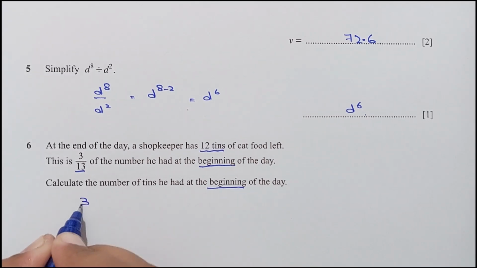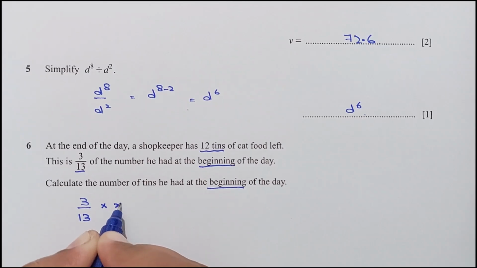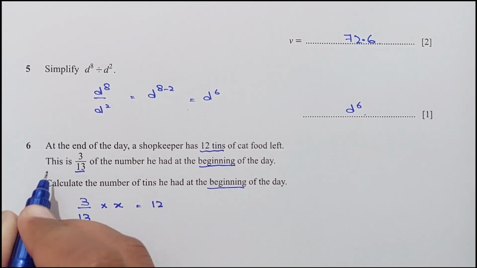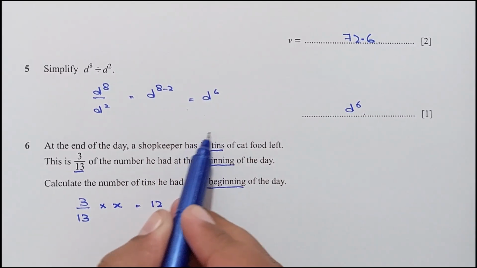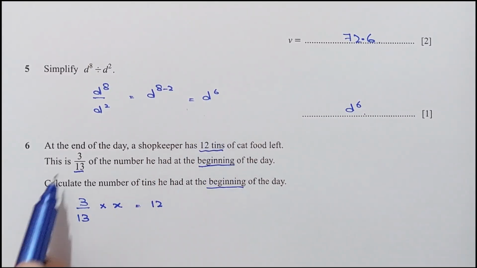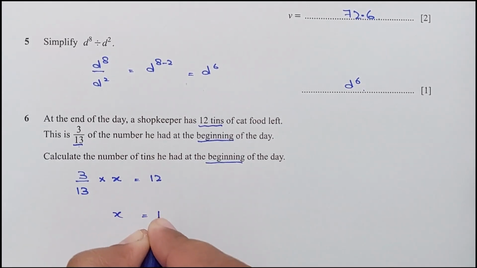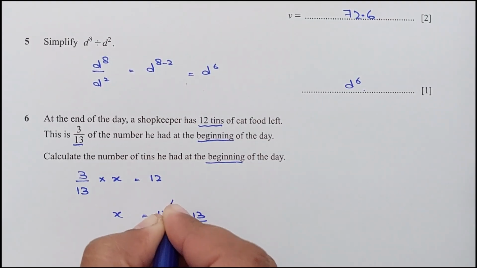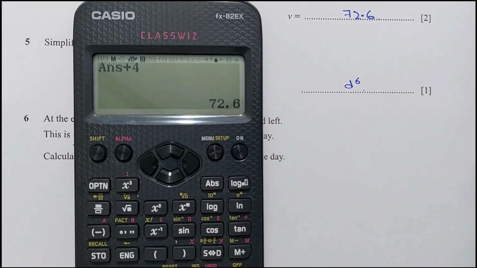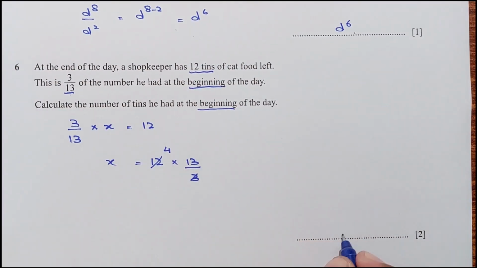So 12 tins are 3 over 13 of the beginning number. So x equals 12 times 13 over 3. 3 times 4 is 12 and 4 times 13 is 52. So at the beginning of the day he had 52 tins of cat food.